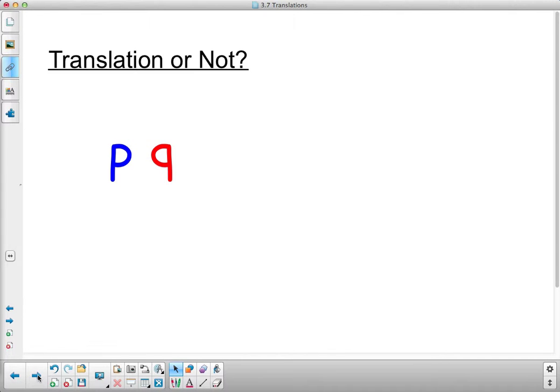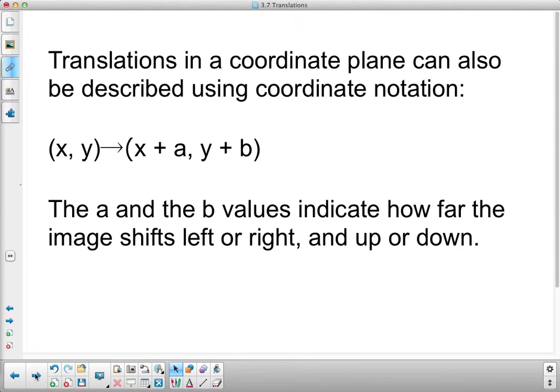Not a translation, I flipped it over. Not a translation, again you flipped it. That one is tilted, so no. All right, so we got the idea that you have to go along parallel paths.